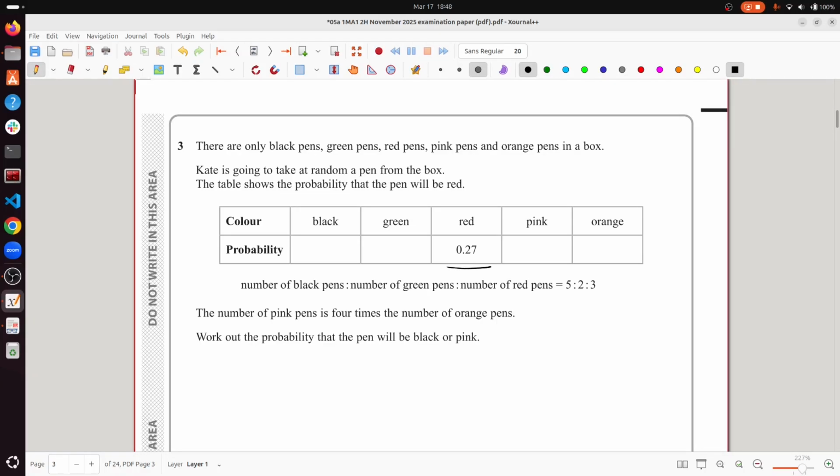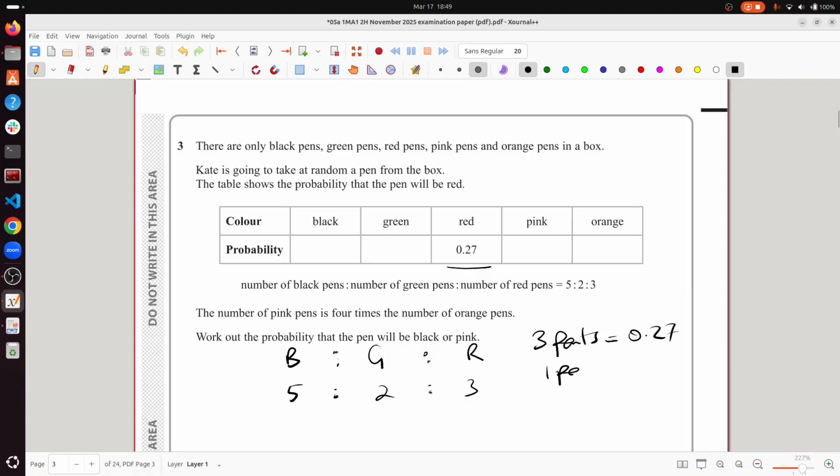Number of black pens, green pens, and red pens is 5 is to 2 is to 3. And we already know that the probability of red is 0.27, and that is worth 3 parts.